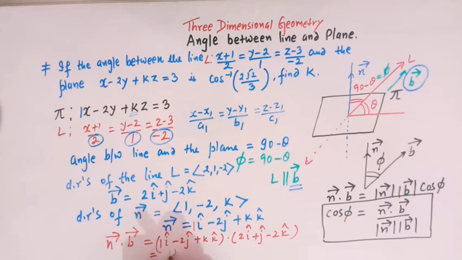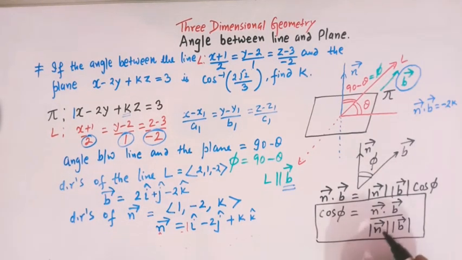So we have 1 times 2, then minus 2 times 1, because this is 1 j cap, and then k times minus 2. So this is 2 minus 2 minus 2k, and this 2 and this 2 get cancelled, so we are left with minus 2k.